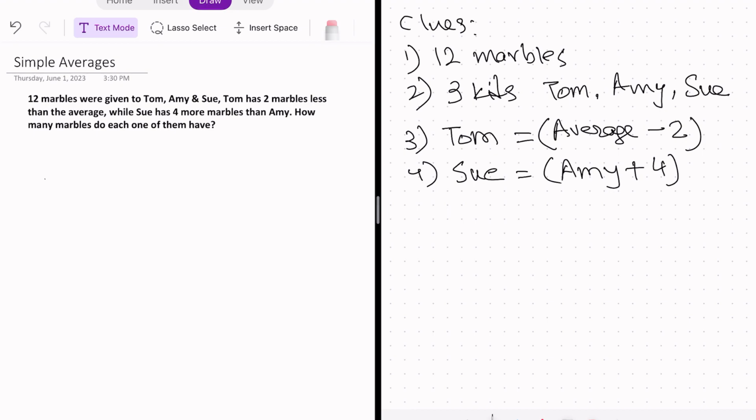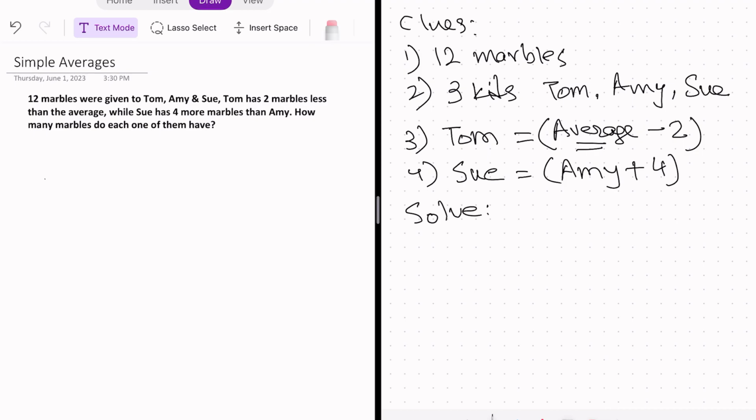So these are all the clues that we have been given, and we have to find out how many marbles Tom, Amy, and Sue have. So the first thing we will do is, because they have used the word average, let's find out what the average is.